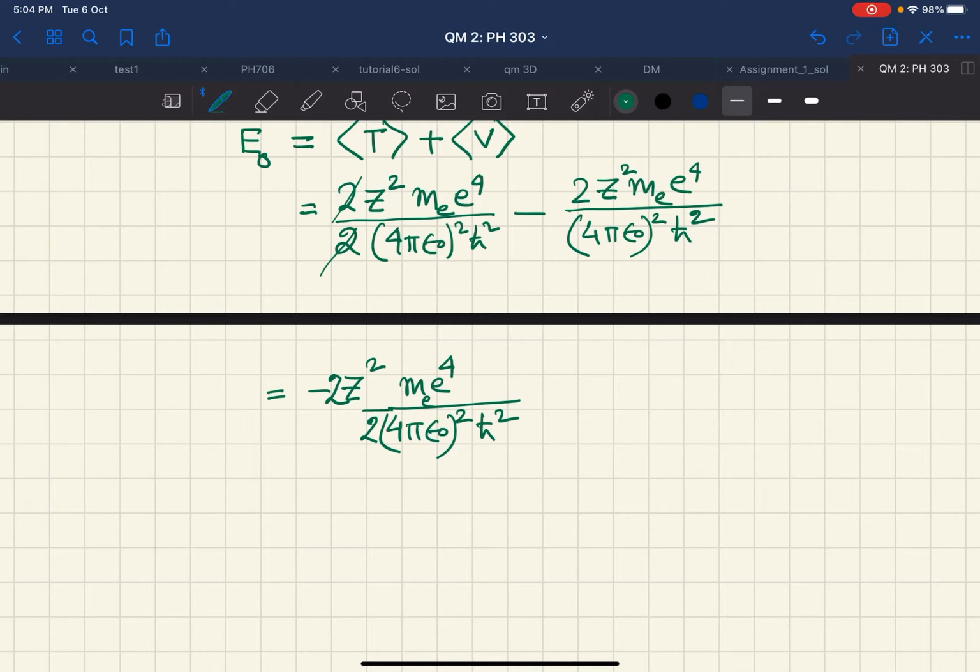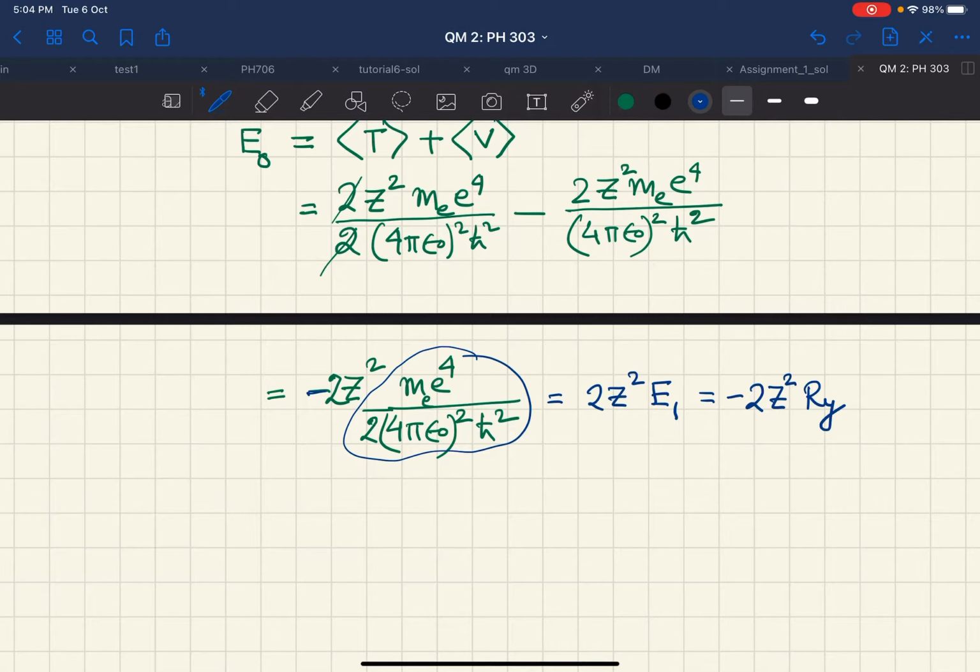But then this expression is very much familiar to us with a minus sign in front. This is nothing but 2Z squared times the ground state energy of the hydrogen atom, or to that effect this is nothing but 2Z squared times the Rydberg.